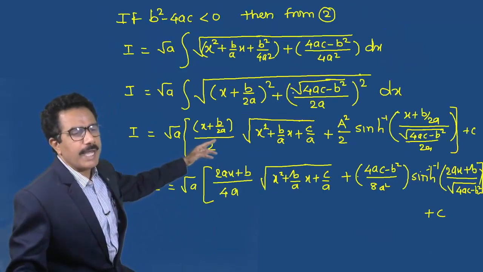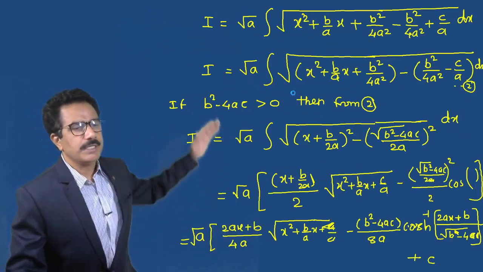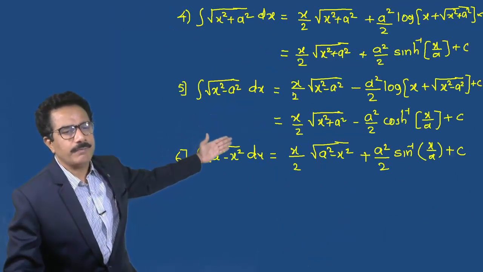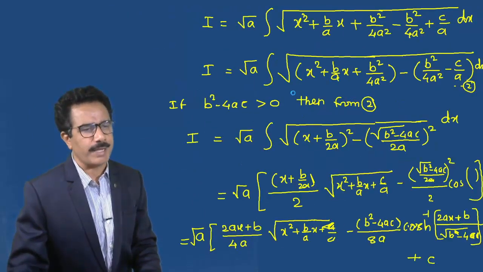Then we have to use again the formula a square by 2 into sin h inverse. See, this is the required formula: a square by 2 into sin h inverse, sin inverse of x by a.